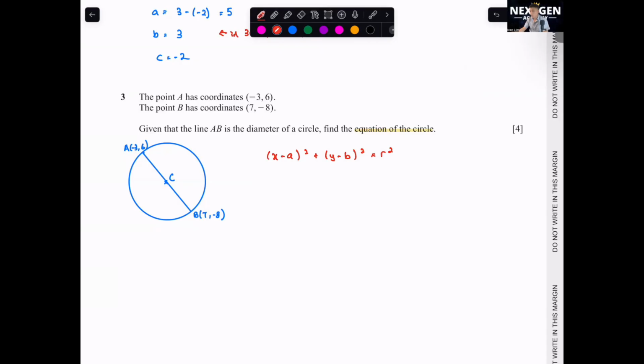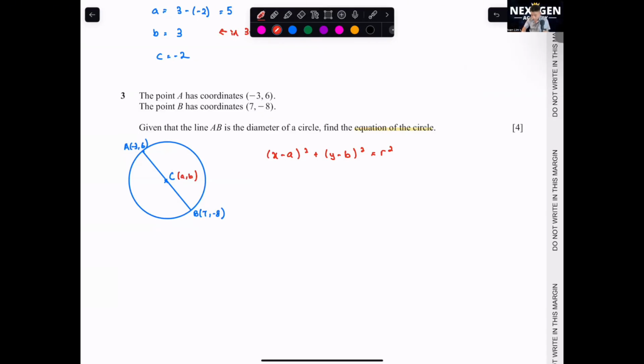All right. So what do we need to find? We can find what is this a and b first. This little a and b is the center of AB, the midpoint of AB. So let's find the midpoint of AB first.